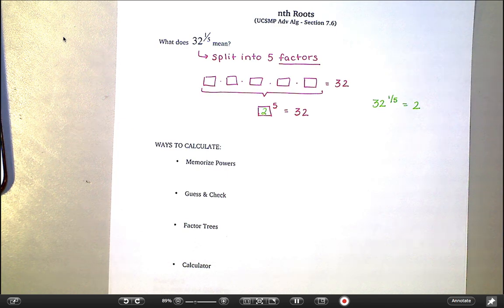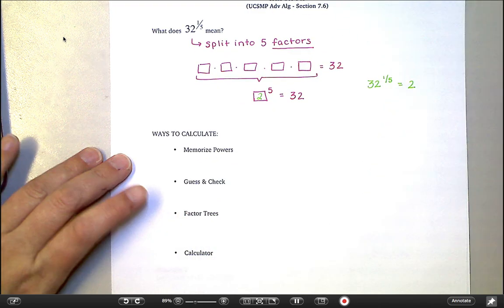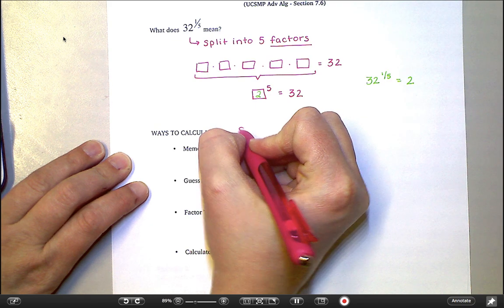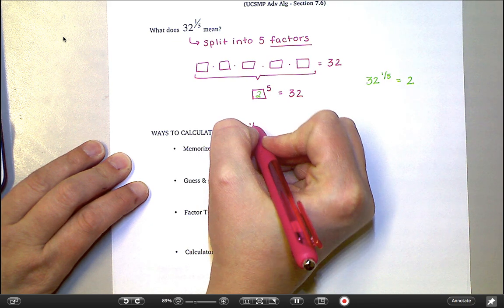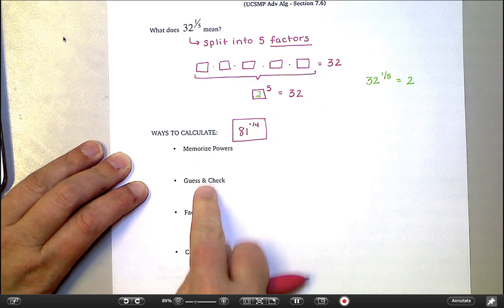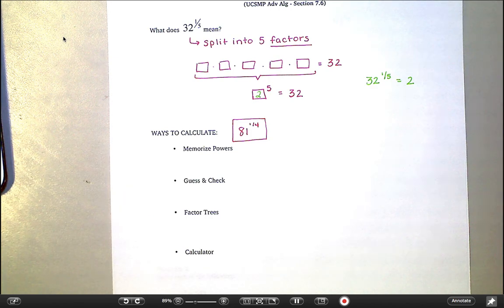If you didn't know that 2 to the 5th power was 32, I'm going to show you some alternatives. I'm actually going to pick a different problem to start with. Let's do 81 to the 1/4 power. We're going to talk about this example as I talk through some of the methods you can use to solve these. What I'm hoping is that by the time we've done these for quite a while, you start to memorize a lot of your powers.